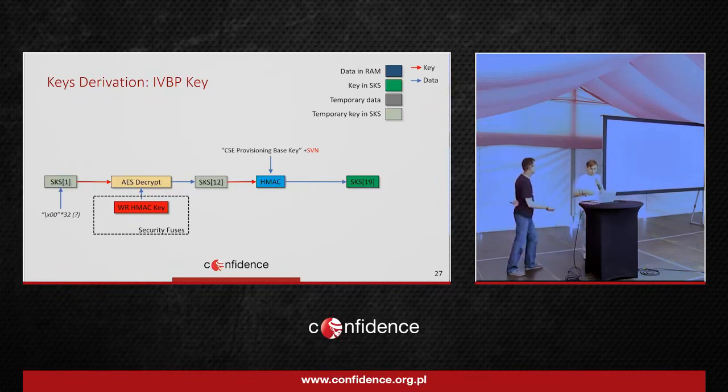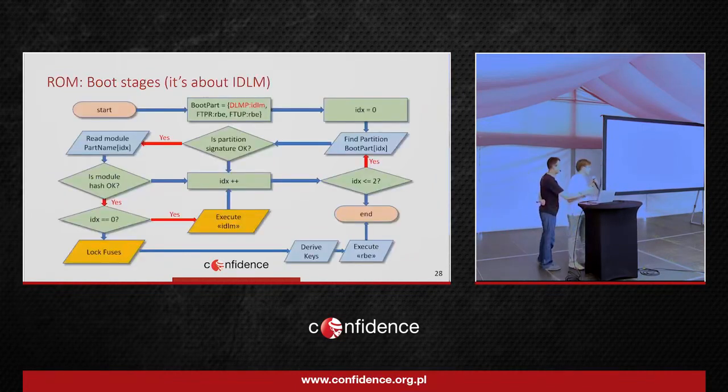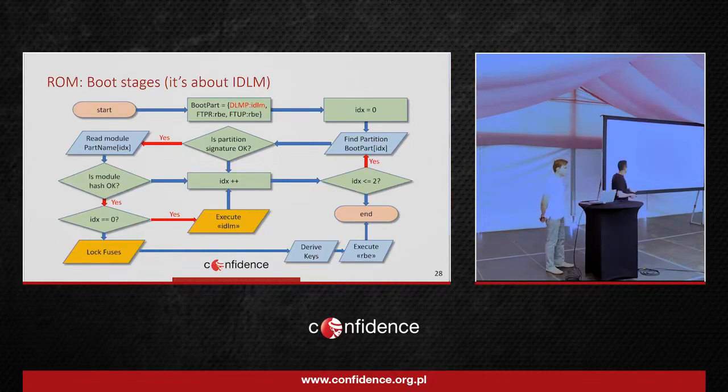Okay, and Dmitry told about the next funny partition. But also in ROM we found a very interesting code. Actually, ROM tries to find a proper place to start the ME and looks in three places: partitions named DLMP, FTPR, and FTUP.